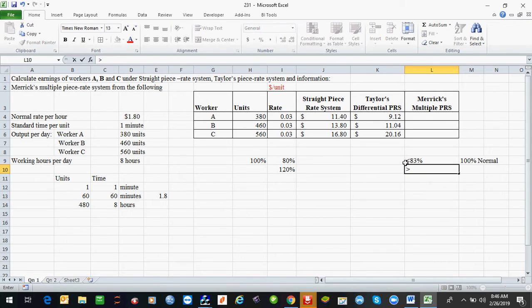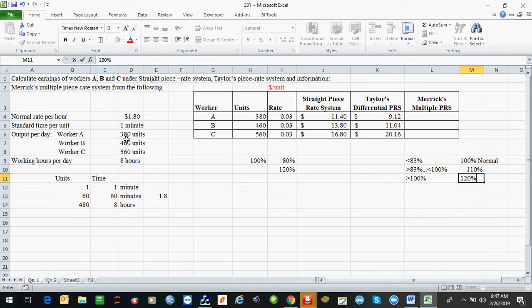Then production greater than 83% but smaller than 100%, we pay at 110%. Then any production greater than 100%, we pay at 120%. So these are the multiple rates that we are given under Merrick's multiple piece rate system.